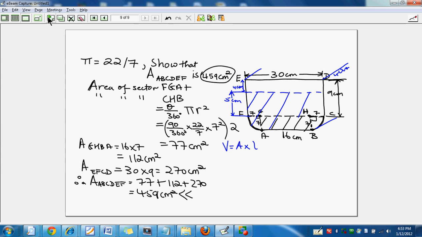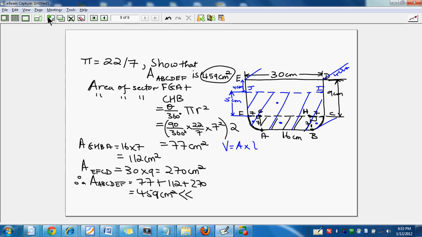That area could be found by adding up the areas of the two arcs here and here, adding up the area of GHBA, which is this, and then adding in the new area in this shape here. Now to make it easier, let's call this point here J, and let's call this point here I, so we can talk about it.